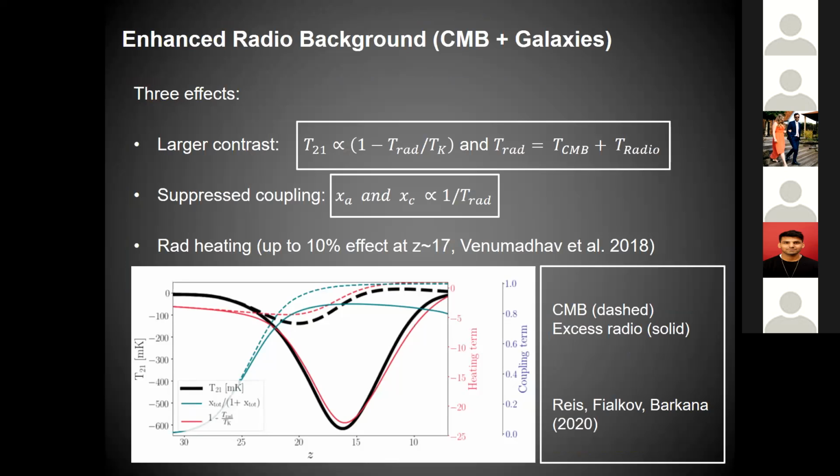So these coupling coefficients become less efficient and the coupling transitions last longer. So it takes longer for 21 centimeter to become coupled to gas temperature, and the collisional coupling takes longer. And finally, this effect also contributes to radiative heating, which in normal scenarios is up to 10% at redshift 17. So including this extra radio background increases radiative heating.